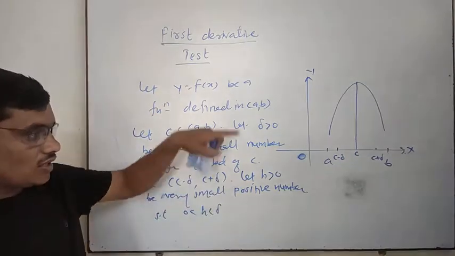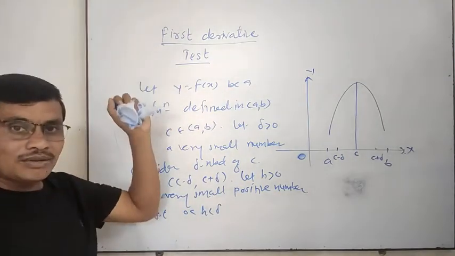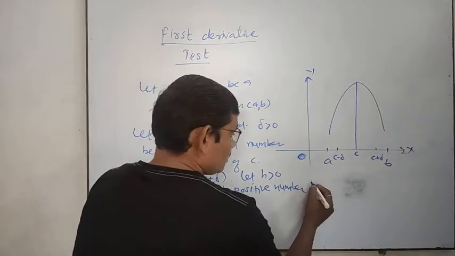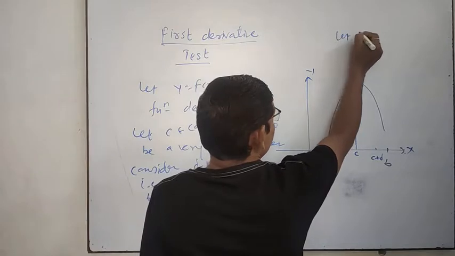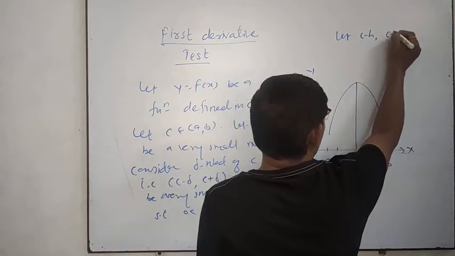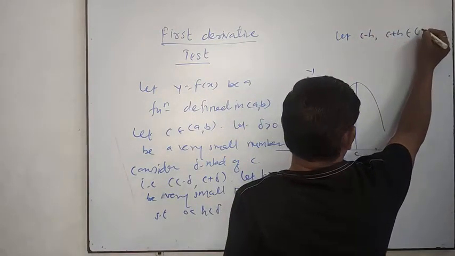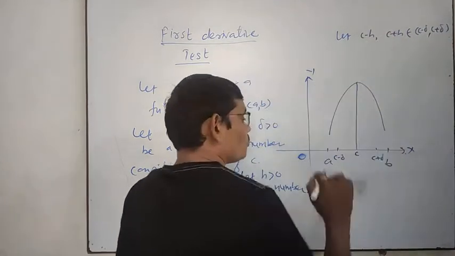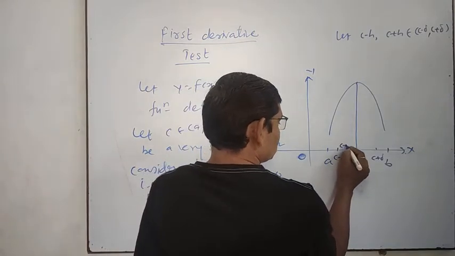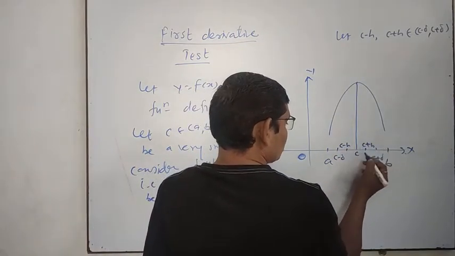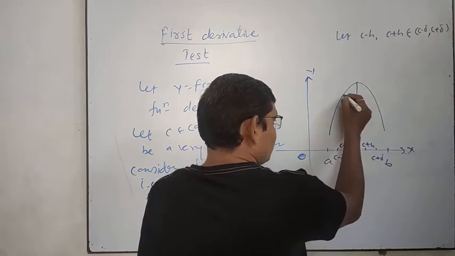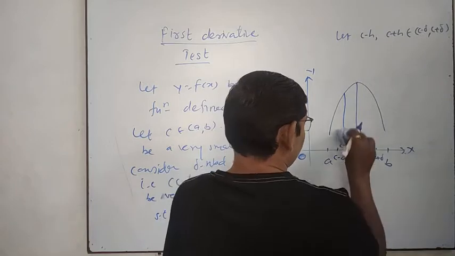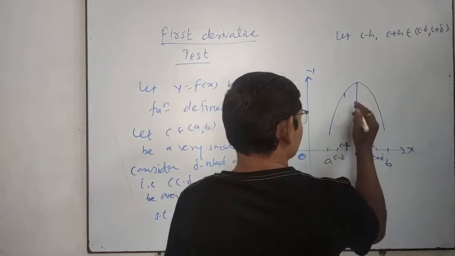And we take 2 points in the delta neighborhood of C. One is to the left of C and other is to the right of C. So let C minus H and C plus H belong to C minus delta comma C plus delta. We take these 2 points, C minus H and C plus H, and we see the corresponding points on the function.